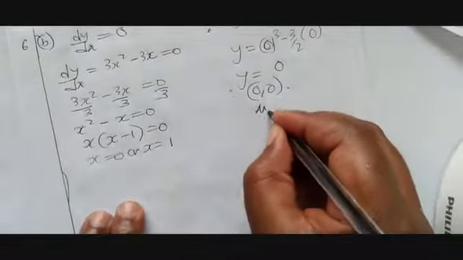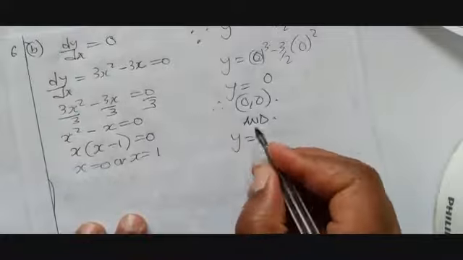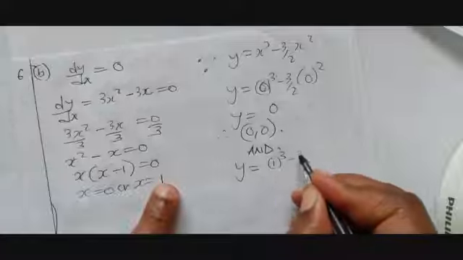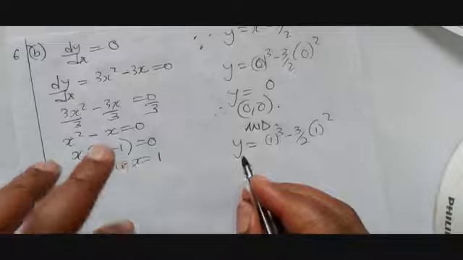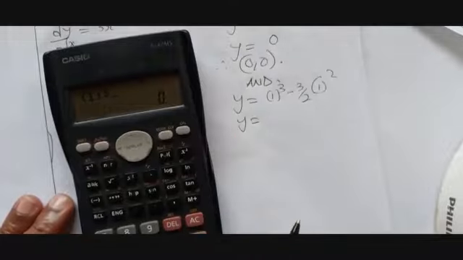We do the substitution. y is equal to, where there is x, we are going to put 1. 1 to the power 3 minus 3 over 2 times 1 to the power 2. Again, you don't waste time, you can use the calculator. 1 to the power 3 minus 3 divided by 2, open the bracket, you put 1, to the power 2.